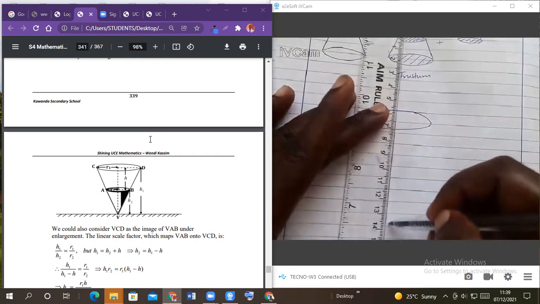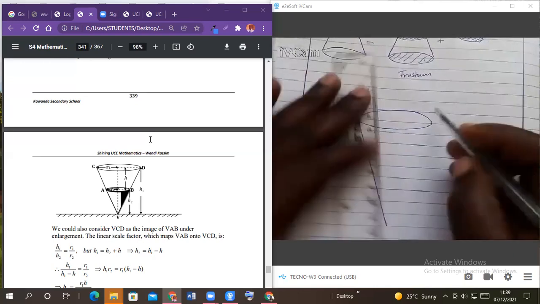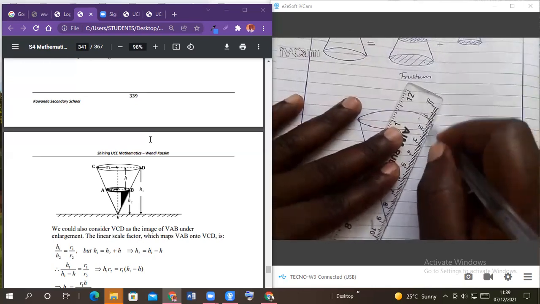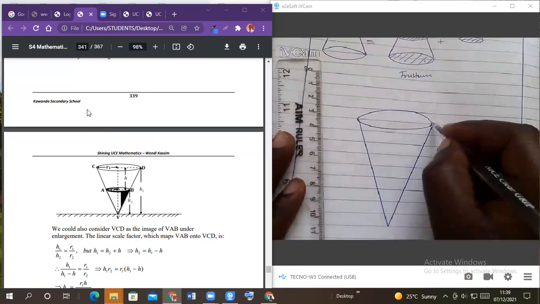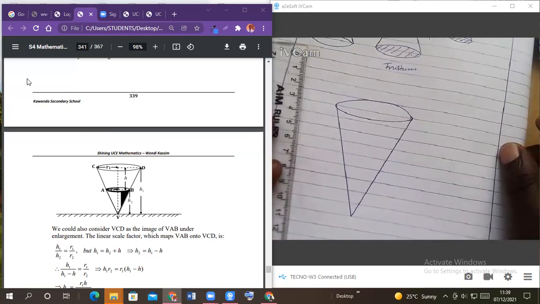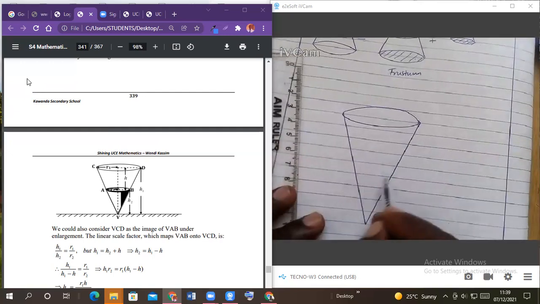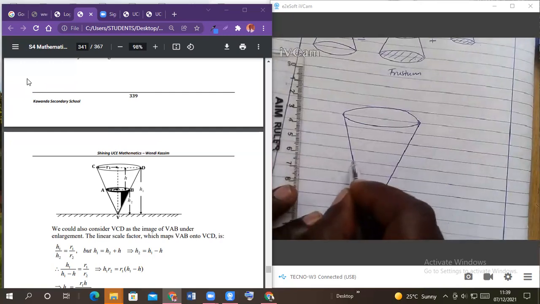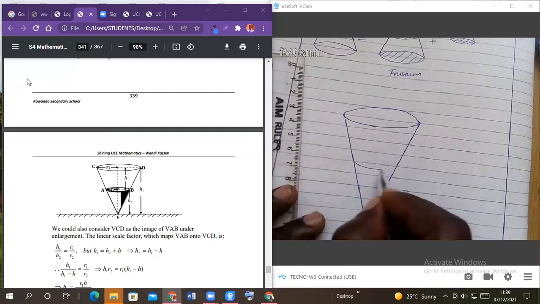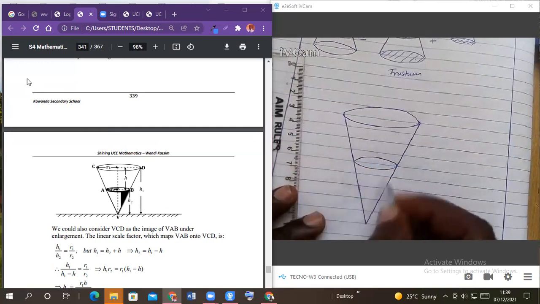The center is here, a bigger one. So that's my cone initially. Now I want to cut off this part down here. So I'll cut it off from here. This part is going away.